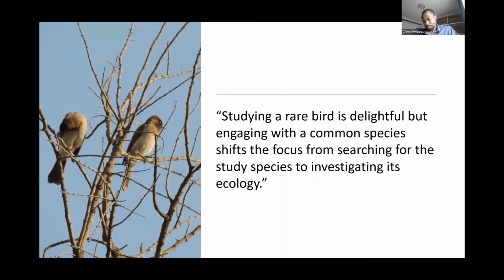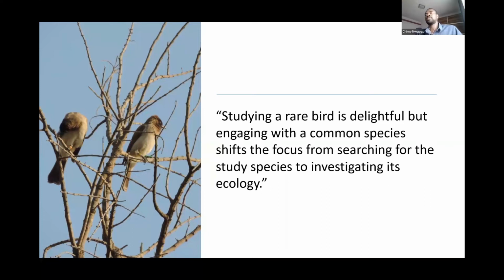This is something I wrote at the end of my PhD, and I thought it's important to share. I thought that when you study a species that is common, you are able to engage with the ecology of the species properly. You can focus on a biological question, rather than spend a lot of time looking for your study species.